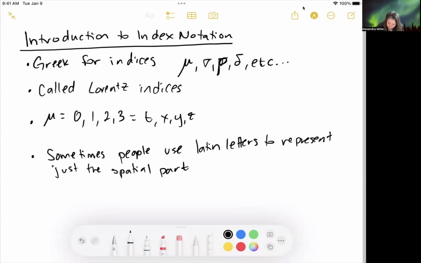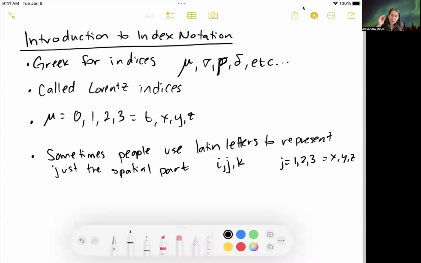By Latin letters, I mean like i, j, k, our regular letters, where these run over, for instance, 1, 2, and 3, or x, y, and z. So when we use our Greek letters, that's reminding you this is really something that runs over all of our spacetime coordinates. Those are standard conventions.